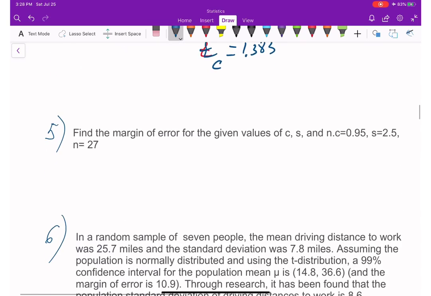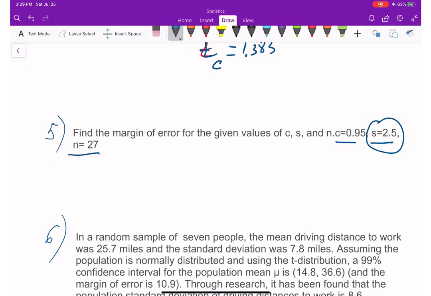Okay, next one. Find the margin of error for the given confidence interval, sample standard deviation, and n is 27. Because n is 27 and we are given s, not sigma. If we would have sigma, then we would use z-score, no question asked.